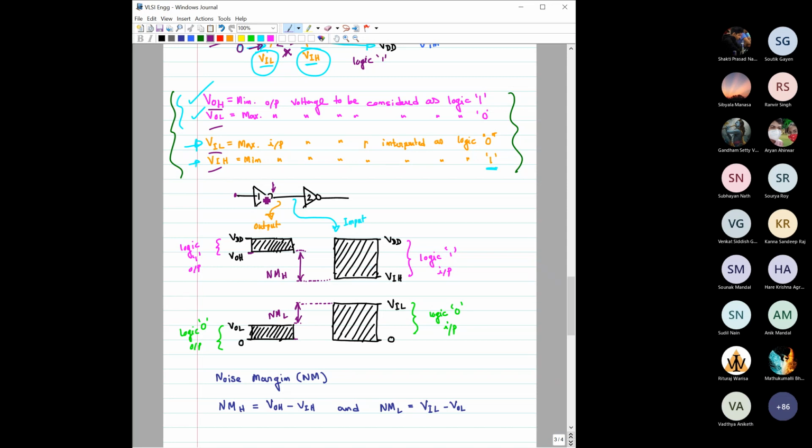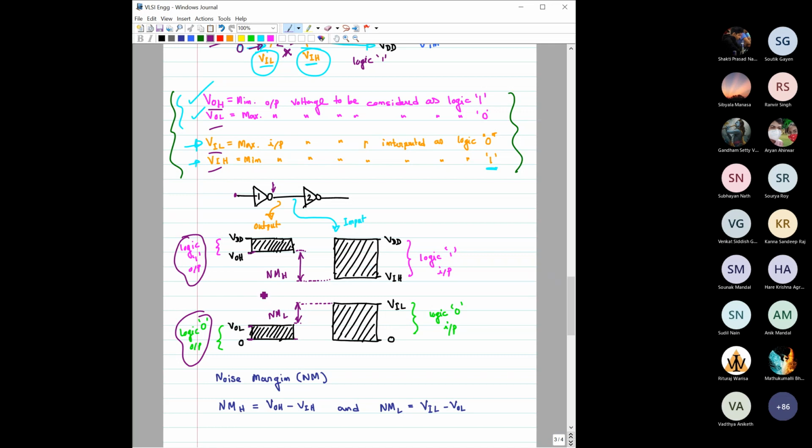If this output voltage is to be at logic 1, then this output voltage has to be within VOH to VDD, right? Similarly, if this output voltage has to be logic 0, then this voltage would be between 0 to VOL only, right? That's how we have defined.